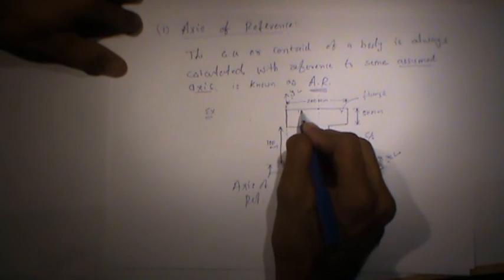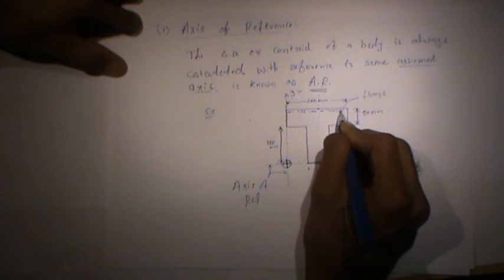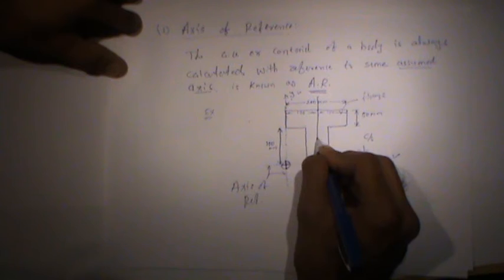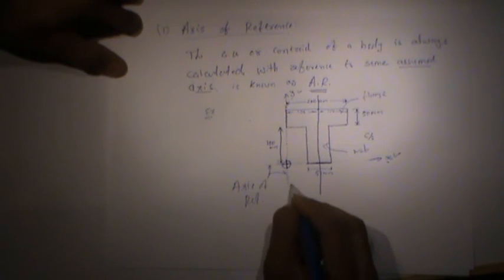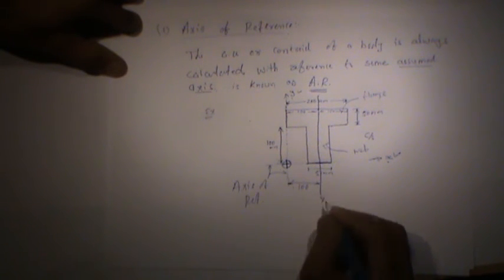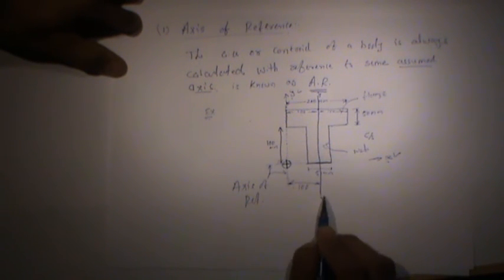It means this is 100 as well as this is 100. So this axis, which is passing through the middle of the section, means this distance is 100. Here we have a section which is symmetrical.